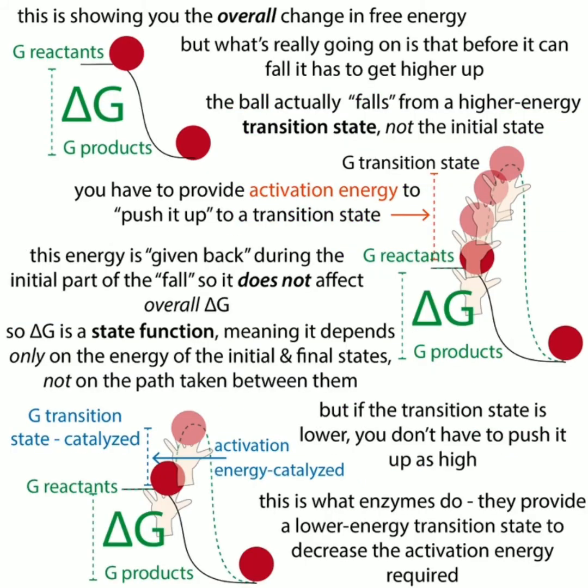When you're looking at that ball on the ramp, what you're not seeing is that there's a barrier. You can't just fall right down the ramp. Instead, you have to go up and over a transition state, and it takes activation energy to reach that transition state. That's like when we were talking about being too lazy to get up off your couch to move to a new couch.